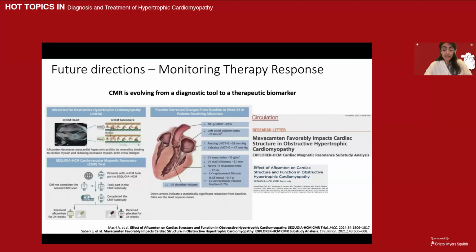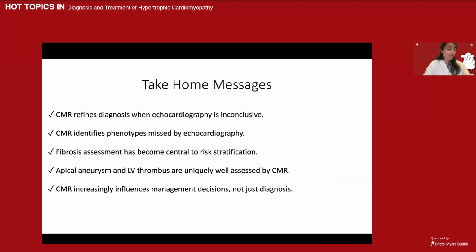And these findings suggest that we may be observing true disease modification rather than simply symptom improvement. And as these therapies become more widely adopted, serial cardiac MR may emerge as an important biomarker for treatment response in these patients.